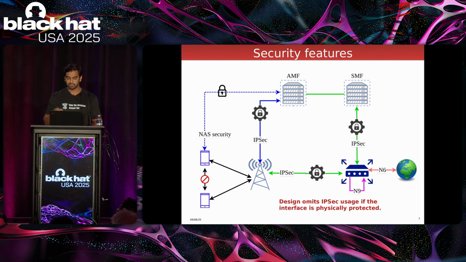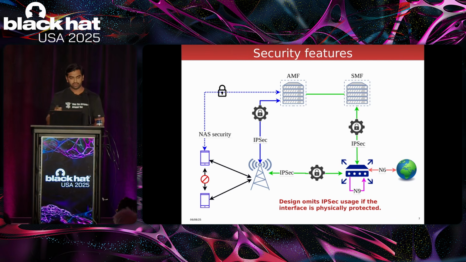And if you ask me about security, well, of course, there is security. On all the interfaces, particularly the over-the-air interface, there is NAS security, which, for example, protects your control plane. Then there is RRC security. There is all sorts of security on the interfaces, and the recommended one is using IPsec on the transport layer, right?